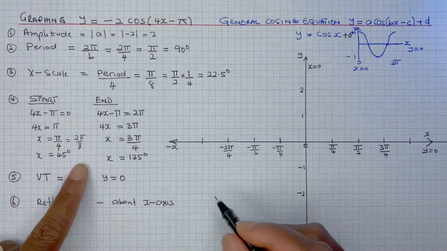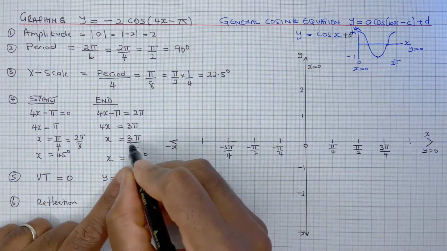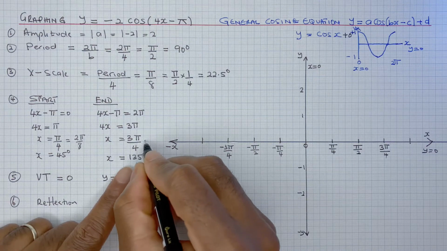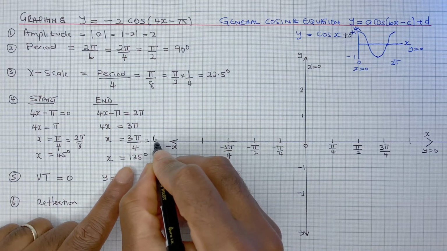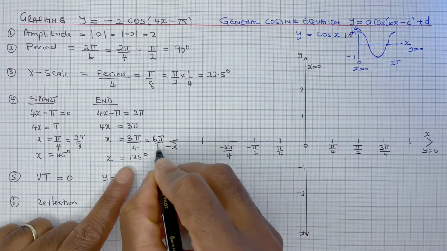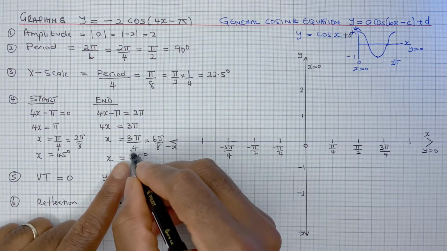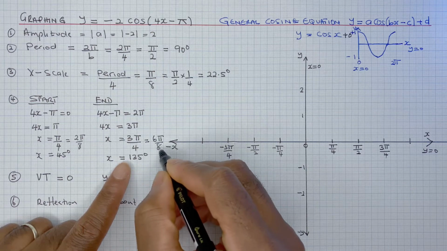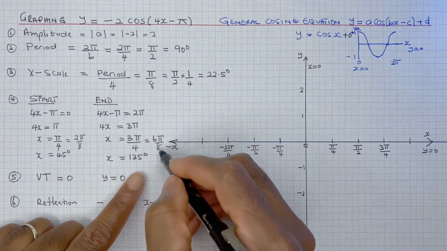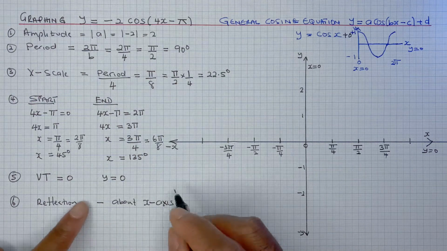And it finishes at 3 pi over 4, which is also equal to 6 pi over 8. What I did was times the top by 2 and the bottom by 2, to again give the same denominator so it's easy to add them.